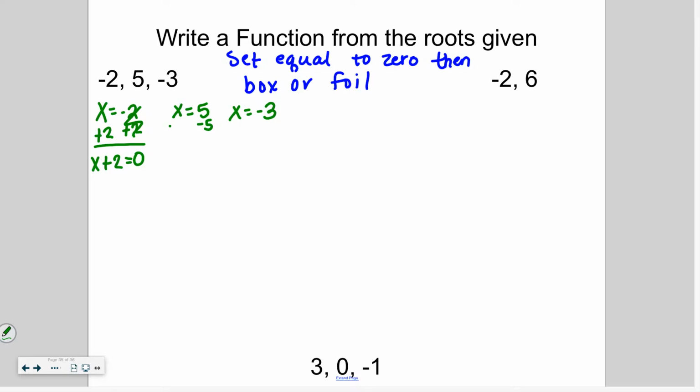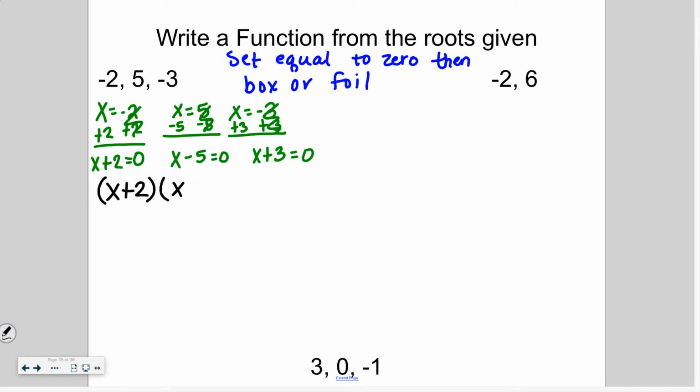So -5, I get x minus 5 is equal to 0. And then I'm going to do the last one with the 3, the plus 3. So x plus 3. Now I have my factors. That's what I wanted. So x plus 2, x minus 5, and x plus 3.